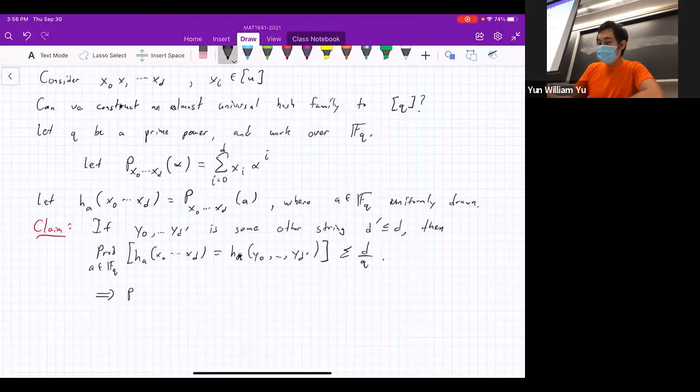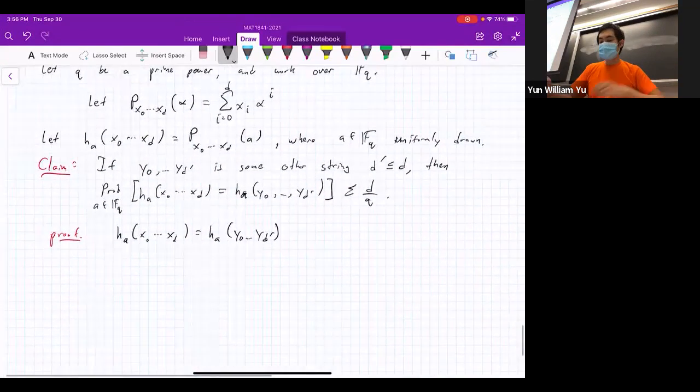What this implies is that the event is equivalent to, let me write this out, the proof. ha of x0 through xd is equal to ha of y0 through yd'.